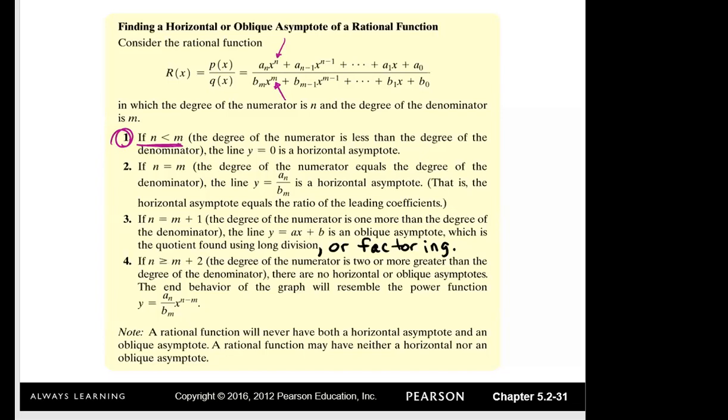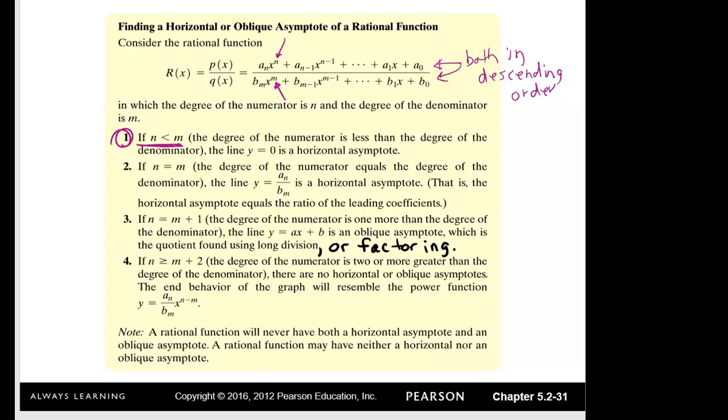Basically what they're saying is it's in descending order. These are in descending order, where the highest exponent is first. So the numerator, the first term shows its degree. N would be its degree.